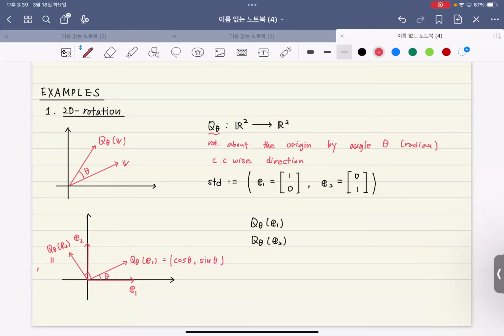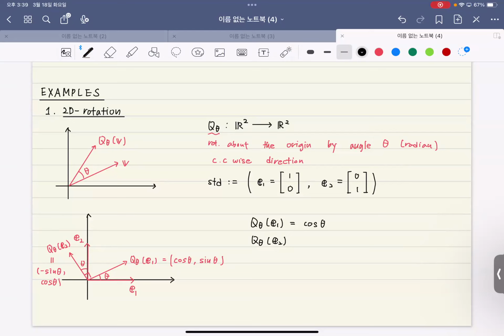And what about this point? What is the x coordinate of this endpoint? Must be minus sine theta. This is very easy trigonometry. You should be able to do this by now. Sine, and the y coordinate is cosine. Okay, agreed.